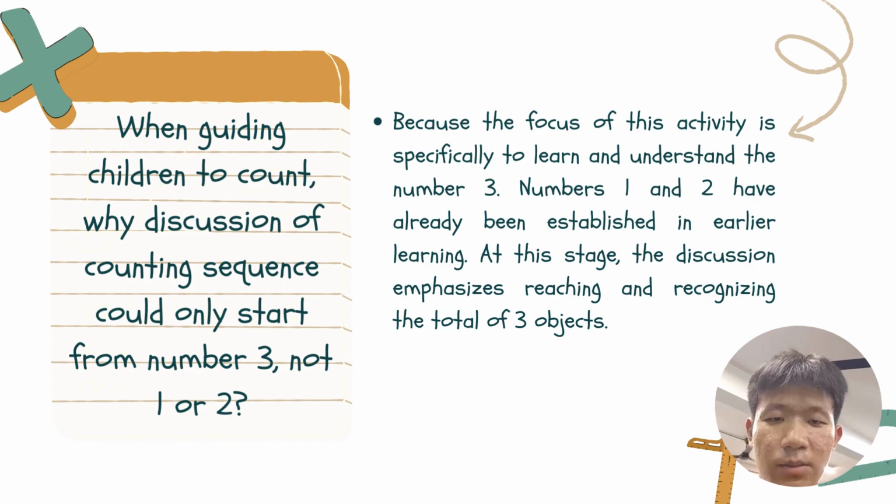Number 1 and number 2 have already been established in earlier learning. At this stage, the discussion is about refreshing and recognizing the total of 3 objects.